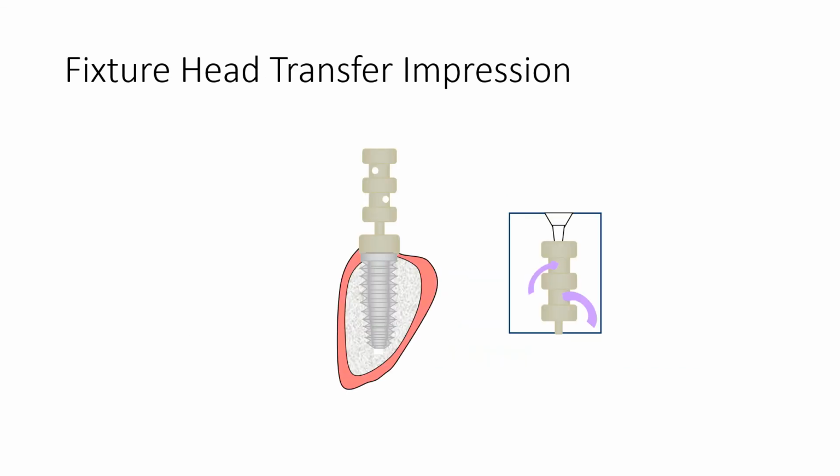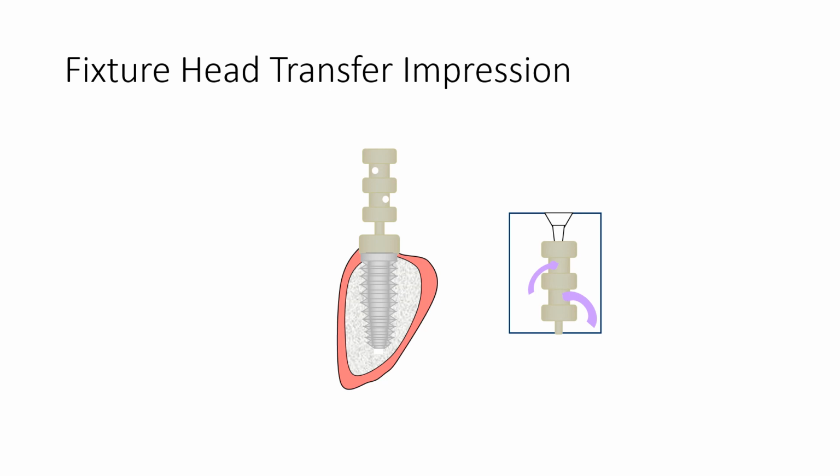Now, unlike the transfer base impression, the fixture head transfer impression occurs at bone level. And here there is no intervening transfer base. There may be a healing abutment in place, that could be a tissue expander or a transfer base, and this is removed and the quick transfer is positioned directly and locks directly into the implant hex.